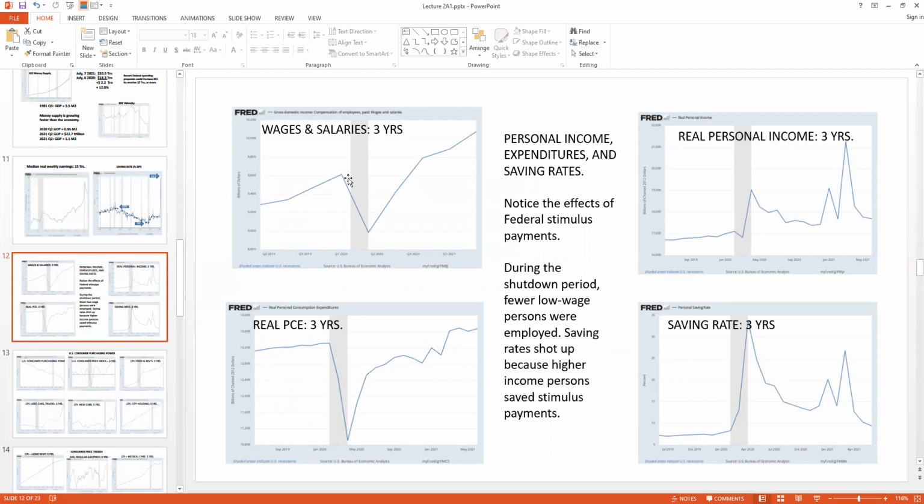We can see during COVID that there was a substantial decline in wages and salaries, and yet by the end of 2020, which is at this point here, there had been a pretty good recovery.